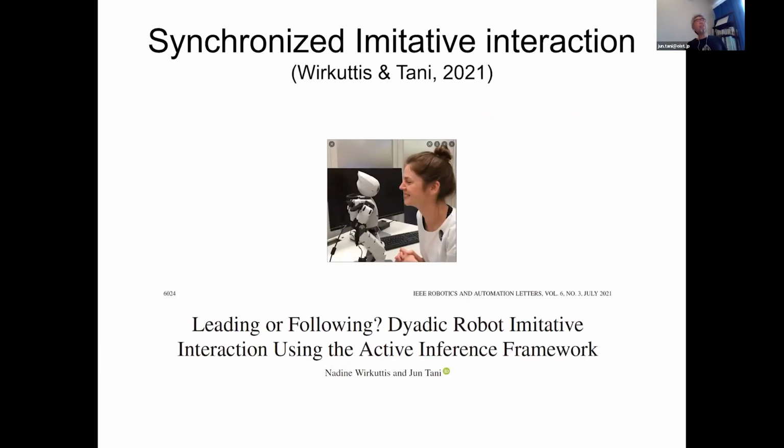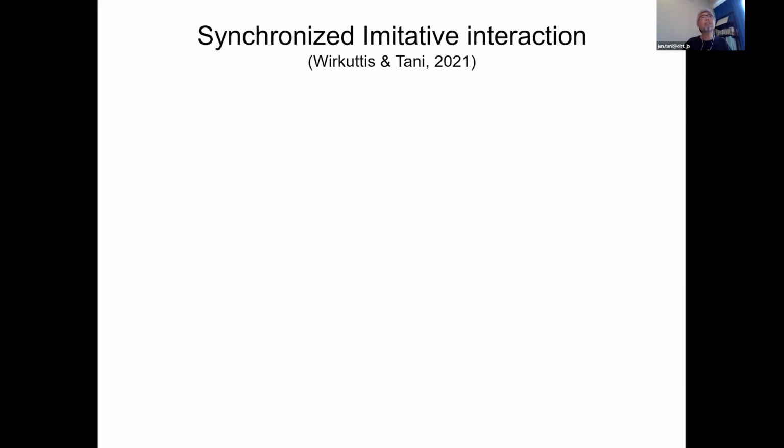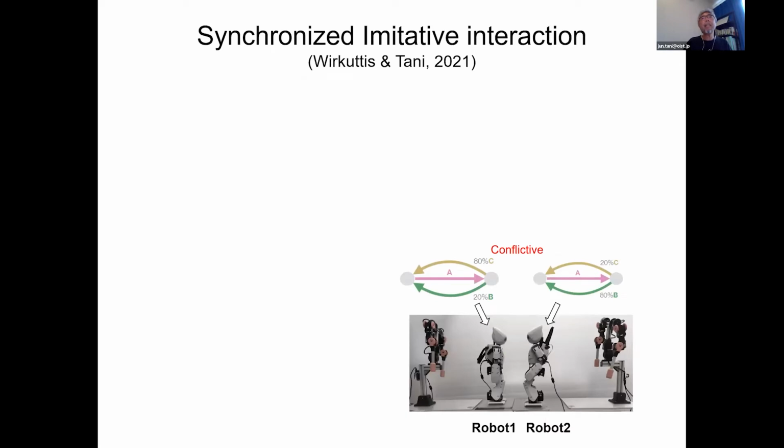Okay, so then I'm going to show you some experiments first. These are two-robot interactive experiments, a synchronized imitative interaction using this model, done by my student Nadine and me. The two robots imitate each other, but simultaneously.